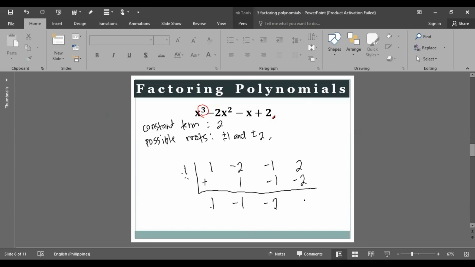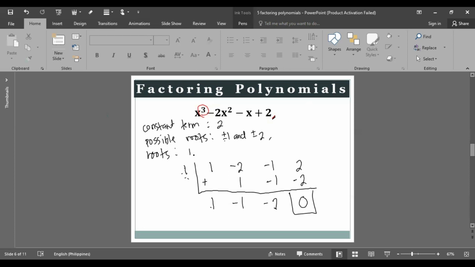Then perform addition, we get 0. Since the remainder here is 0, then we can say that 1 is one of the roots of this polynomial expression. So may hinahanap pa tayo, dalawa pa.